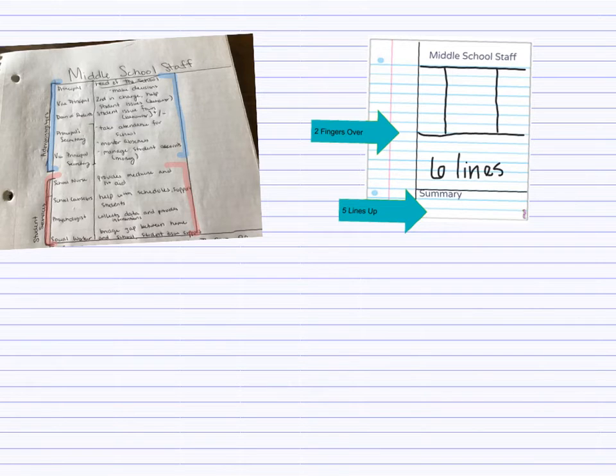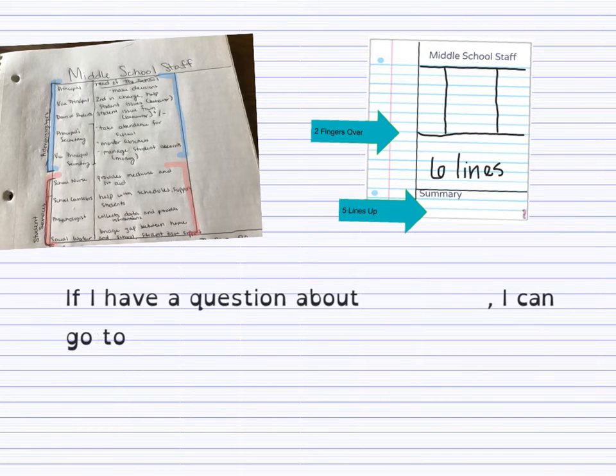As a way to help us really solidify that learning, make it so we understand what to do and where we're going, I'm going to have you write the same sentence 2 times. The sentence is: If I have a question about, no period, I'm going to leave some space, about blank, comma, I can go to the blank, period.